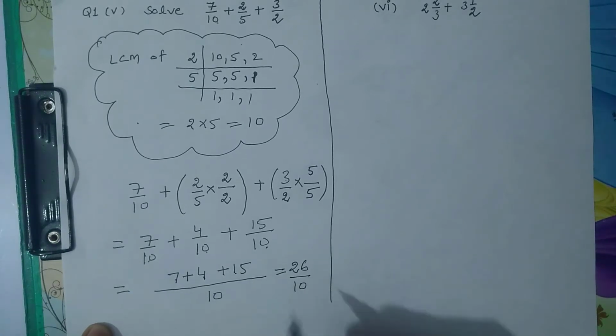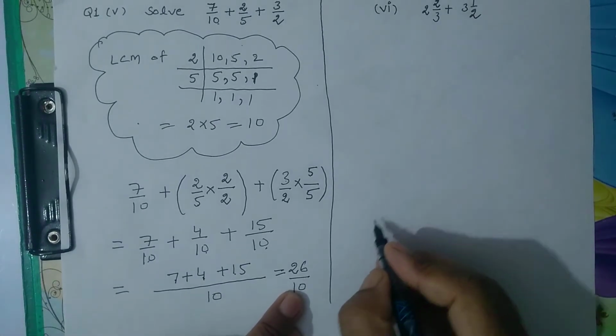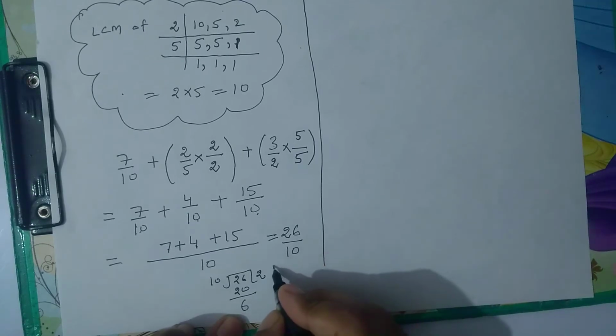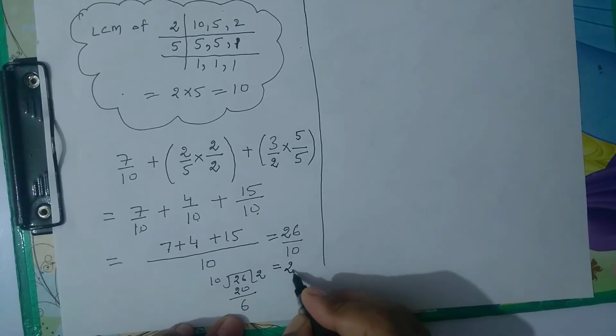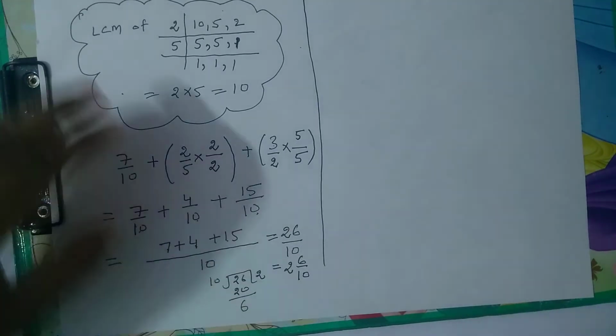We can also divide 26 by 10. 10 twos are 20. 6 is the remainder. So we write it as 2 and 6 upon 10, the final answer.